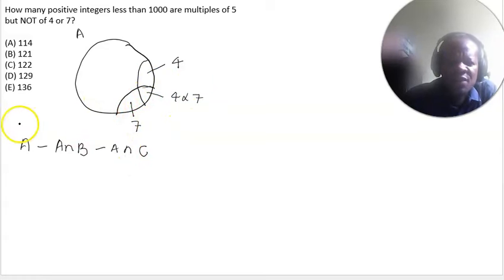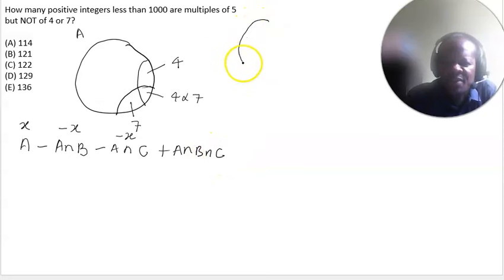Now we have it listed in A once. We removed it in A intersection B, removed it in A intersection C. So that means we have it once, removed it twice. We don't need it at all. So we add A intersection B intersection C.